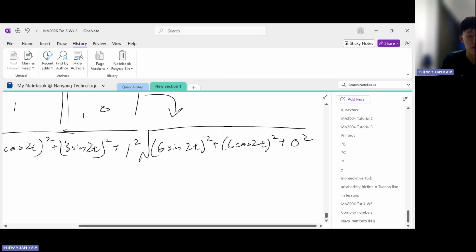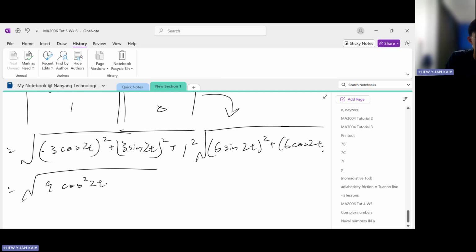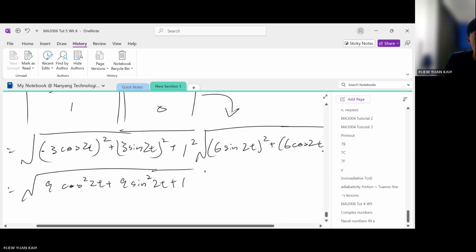Okay, so let us go ahead and simplify this. So you see, notice inside, here it'll become 3 cos squared 2t plus 9 sine squared 2t plus 1. Okay, I'll evaluate the second square root later.